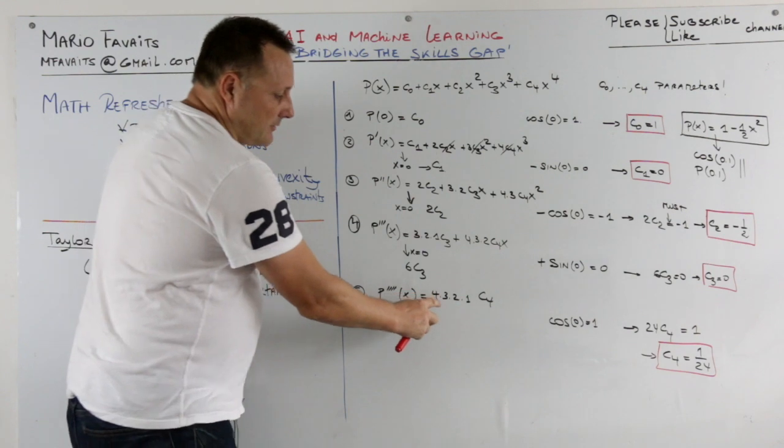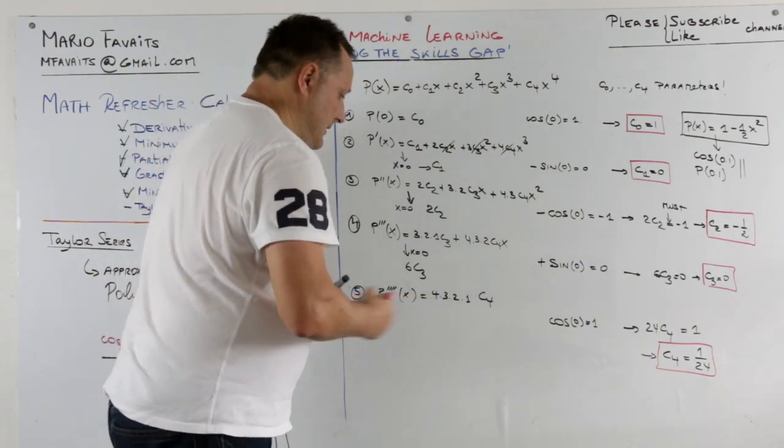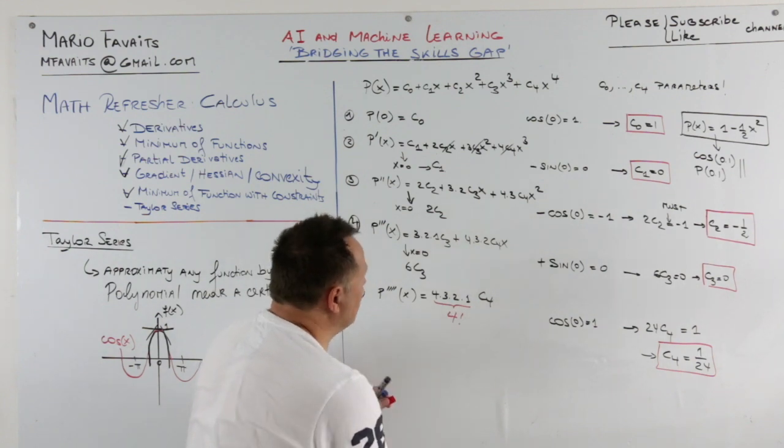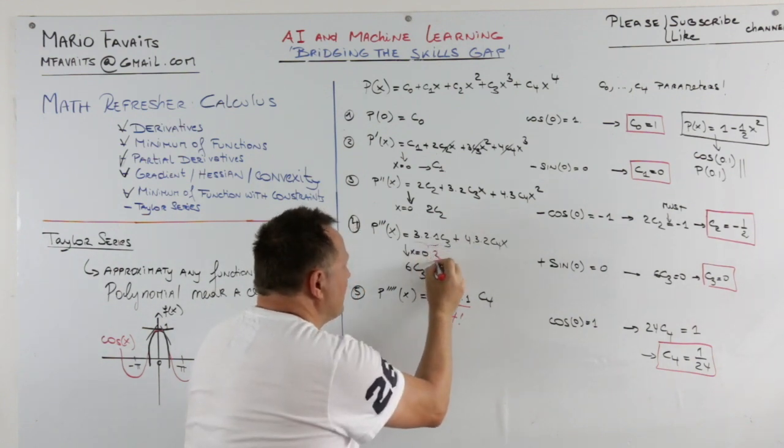Now why did I write all this like this? It's because here you will find that this is 4 factorial. Here this is 3 factorial.